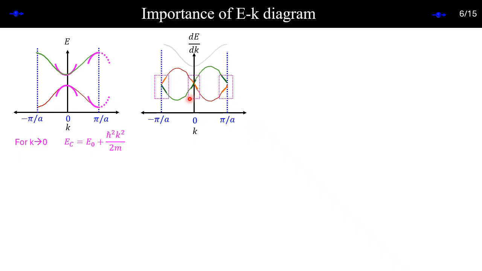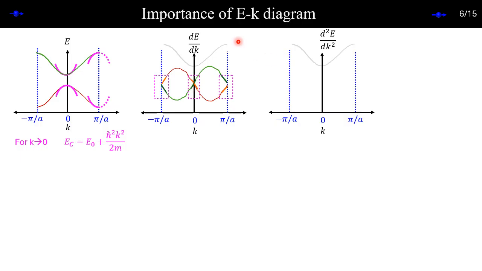An important thing here is that the group velocity is strongly k dependent. That was point number one, and also it changes sign. The green one is for the conduction band electrons, and this orange curve is for the valence band electrons. The sign of the group velocity changes for conduction and valence band electrons, which is important to note. Now if I take one more derivative, this is proportional to the inverse effective mass.